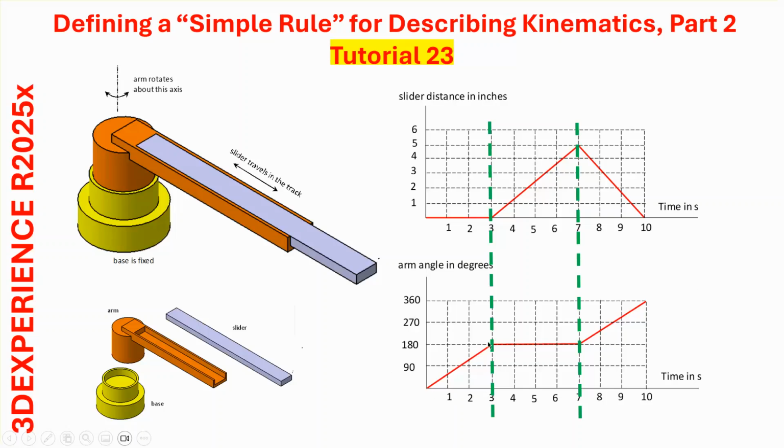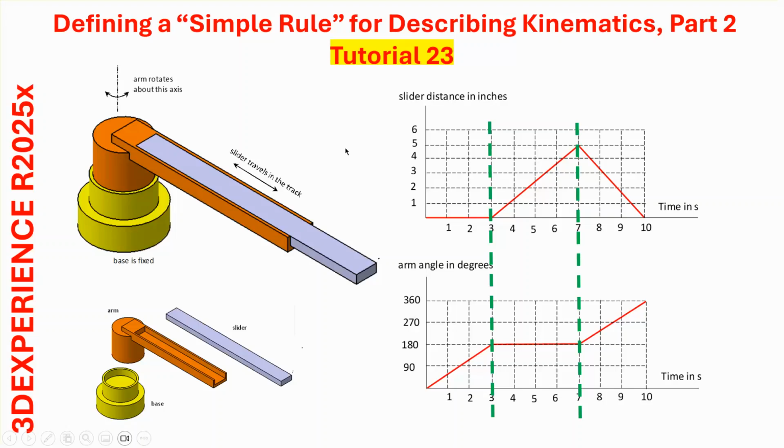Here I'm going to have only 3 time intervals, but if these breakpoints are not the same, you may end up with 5 or 6 breakpoints and if statements. Then it's easier, as done in tutorial 24, to write two rules, one for the prismatic joint and one for the revolute joint. But here I'm going to write a single rule.